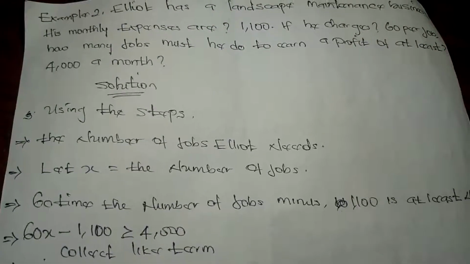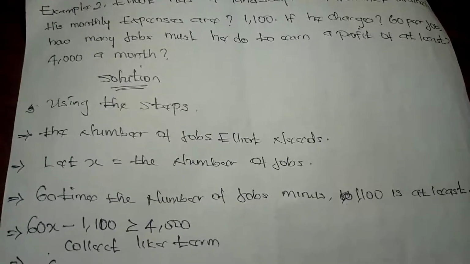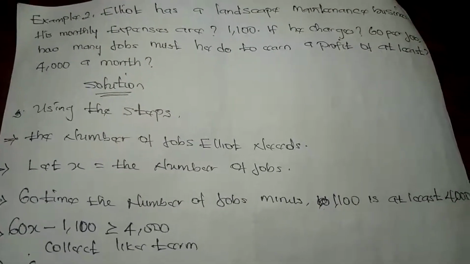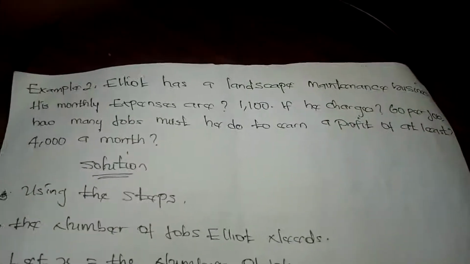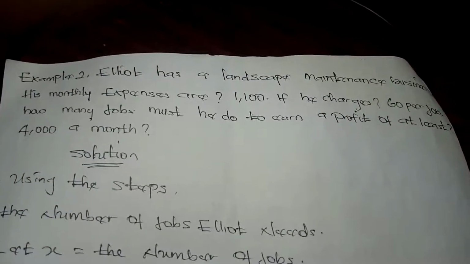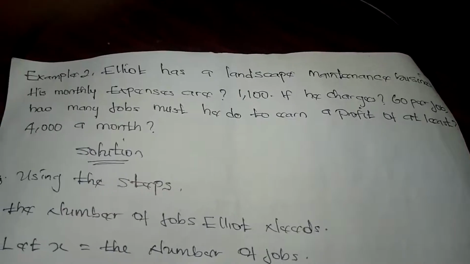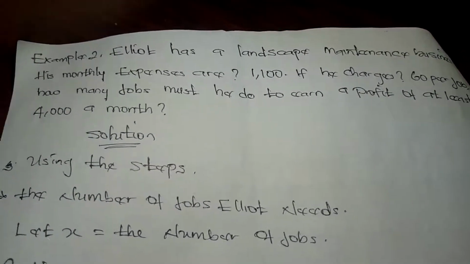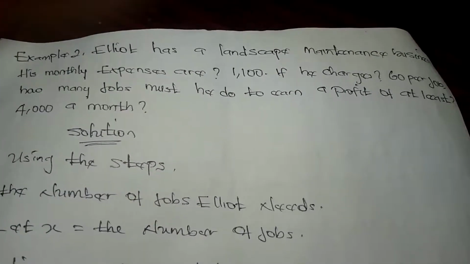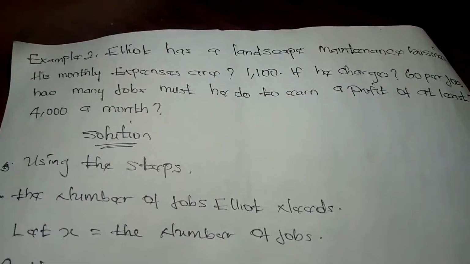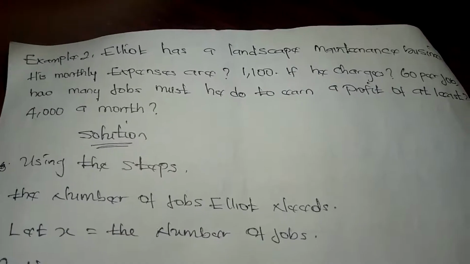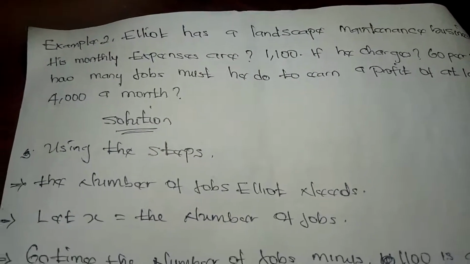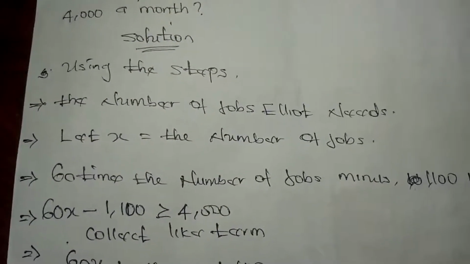So going back to our steps, step 1 says read the problem again. So we'll go back to the question. Elliot has a landscape maintenance business. His monthly expenses are $1,100. If he charges $60 per job, how many jobs must he do to earn a profit of at least $4,000 a month? Now I've read the question.